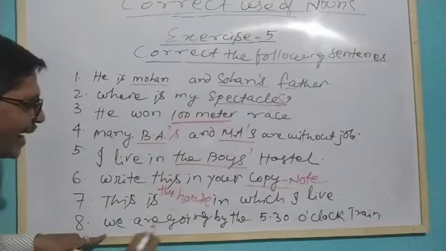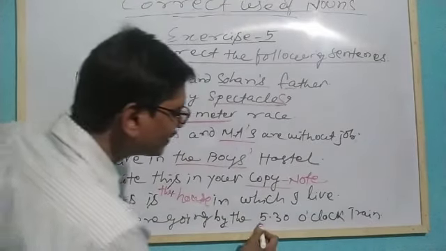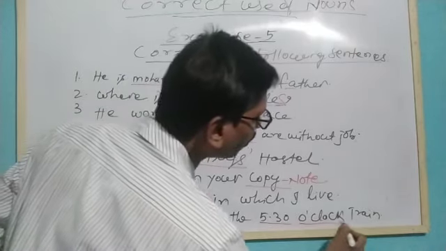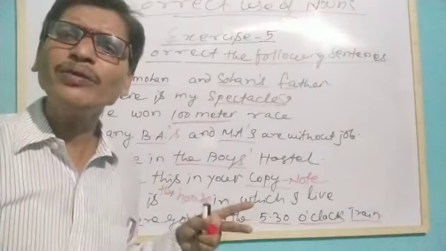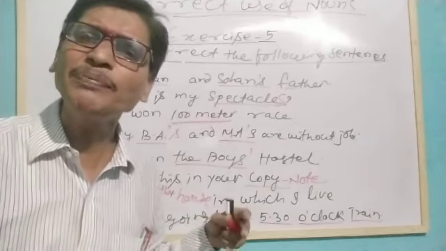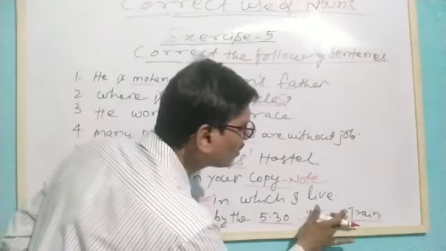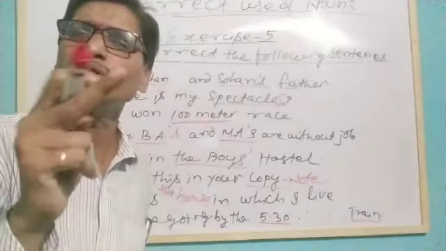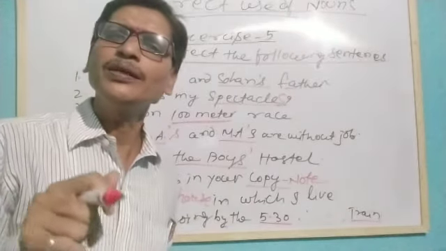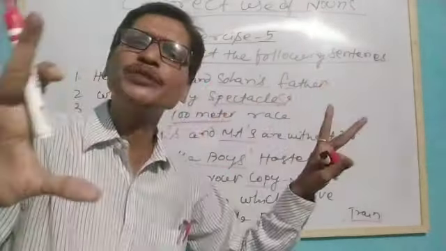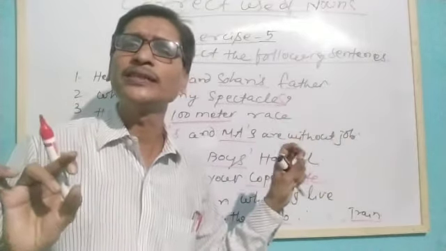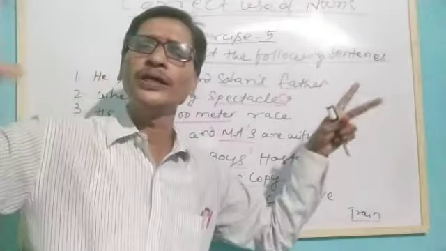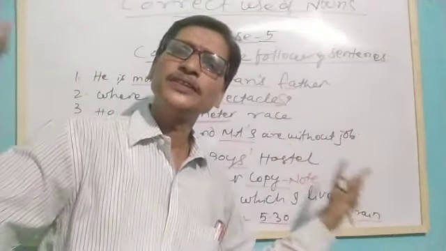Similarly, we are going by the 5:30 o'clock train. Here, when we are talking about the timing of the train, we don't need to write o'clock. Whenever you visit the stations, you will find the listing of the timing, number and name of those trains moving to different destinations.